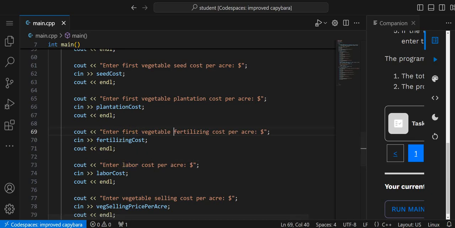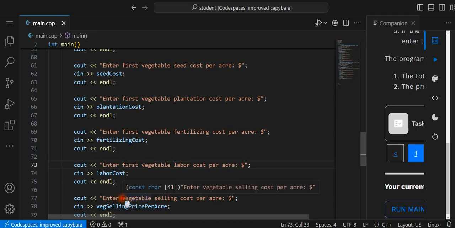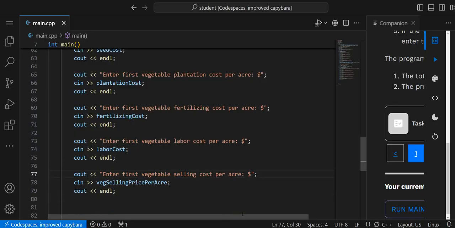Then I'll do first vegetable fertilization, first vegetable labor, and first vegetable selling costs.